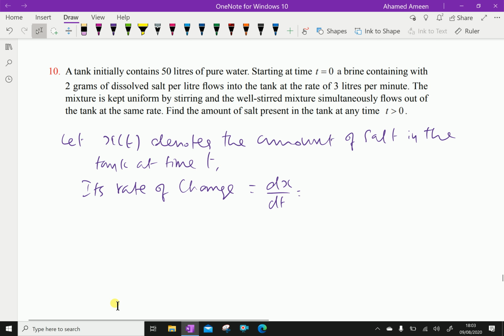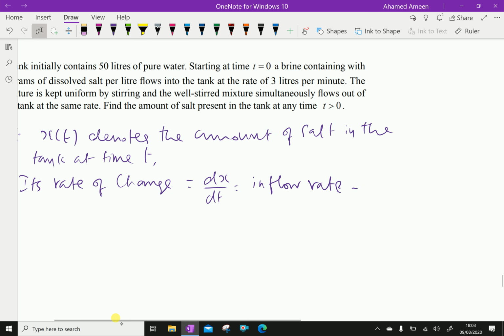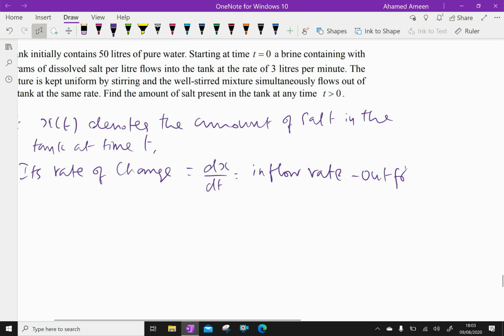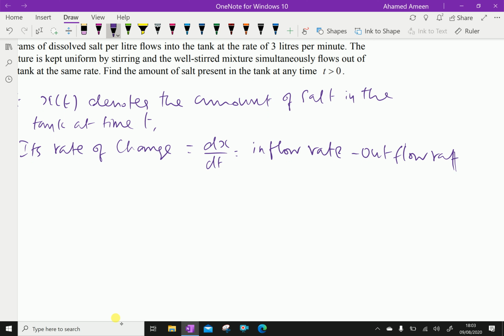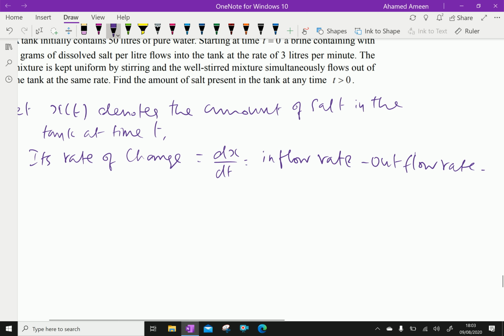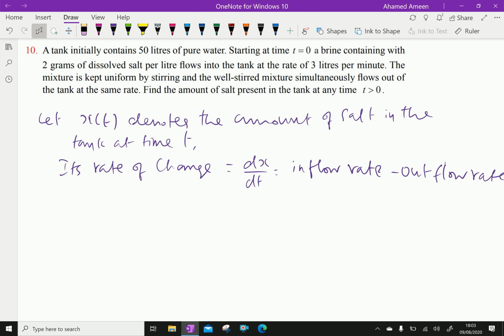Here dx by dt is the inflow rate minus the outflow rate. Here 2 grams times 3 liters per minute is the inflow rate.